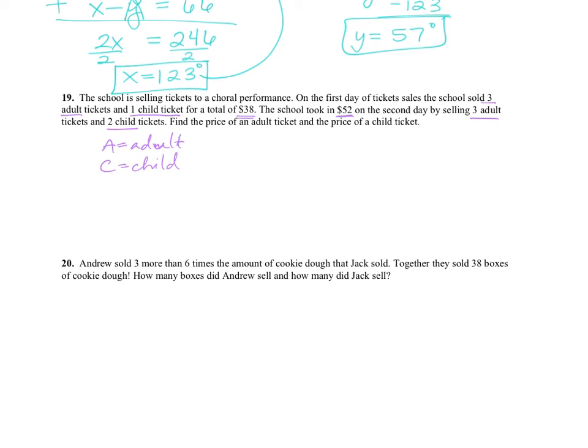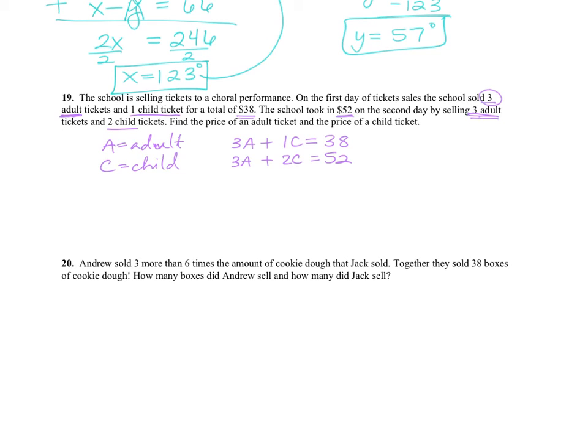So look at what they're saying. 3 adult tickets, so 3a, plus 1 child ticket was a total of $38. Okay, the second day, 3 adult tickets and 2 child tickets was $52. Okay, so what you're going to do here, you have options.